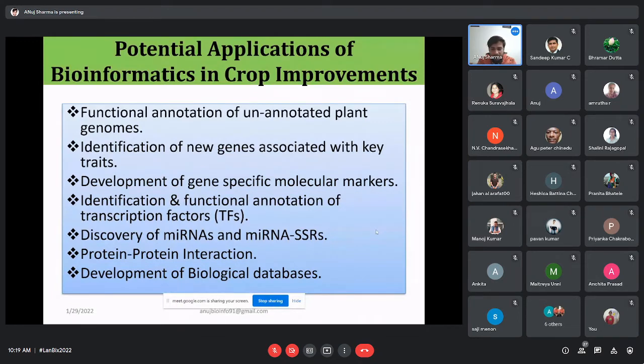Recently we have published 2 to 3 studies on microRNA SSRs as well. Also identification and functional annotation of transcription factors responsive to abiotic and biotic stresses in plants, discovery of microRNAs, which I have mentioned, protein-protein interaction networks to find key residues, and development of biological databases to facilitate molecular biologists in accessing the data and utilizing it for further improvement and annotation purposes.